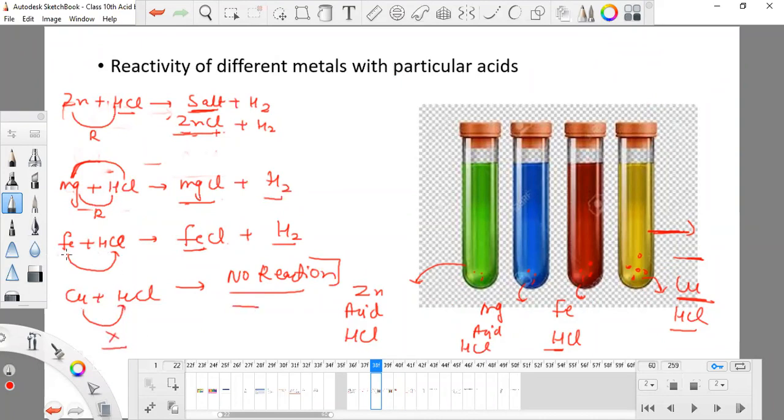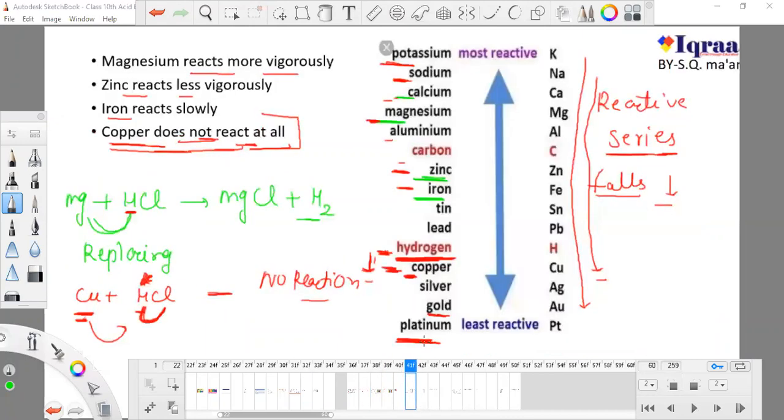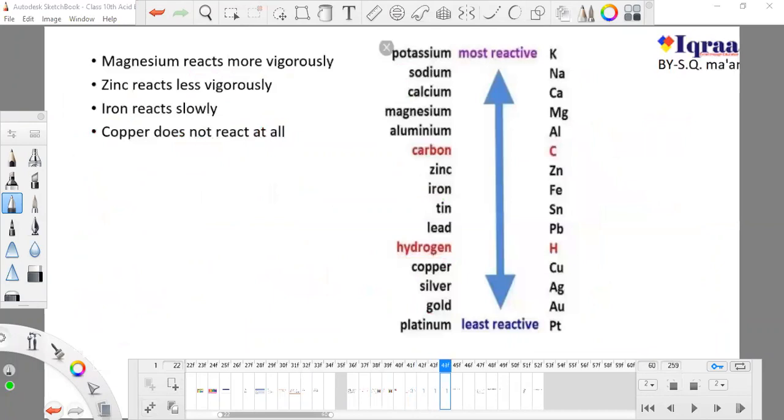But here iron can replace hydrogen, magnesium can replace hydrogen, and zinc can replace hydrogen. Not only this, all these elements can replace hydrogen because they are more active.